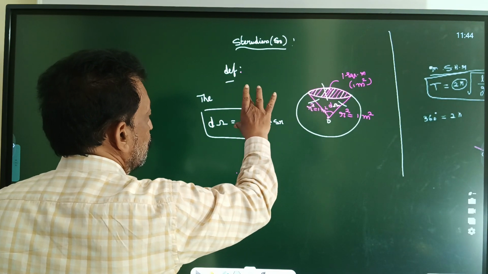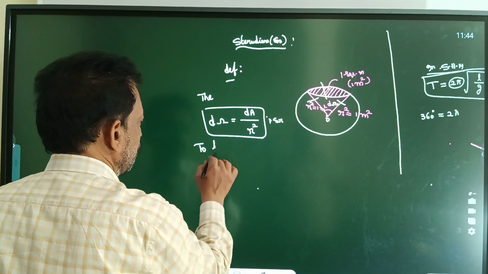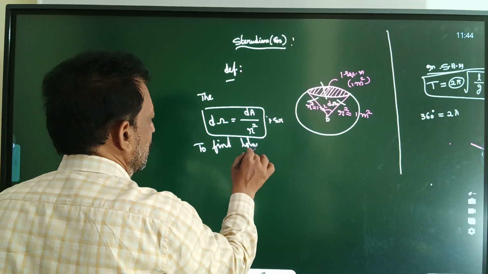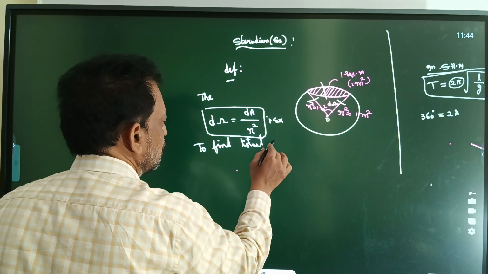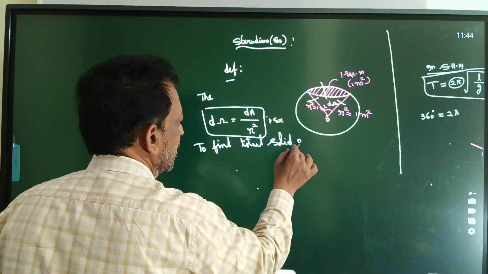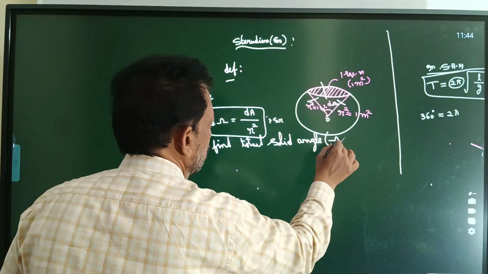Okay, sir. Now, to find this total solid angle. Solid angle, we call it omega.